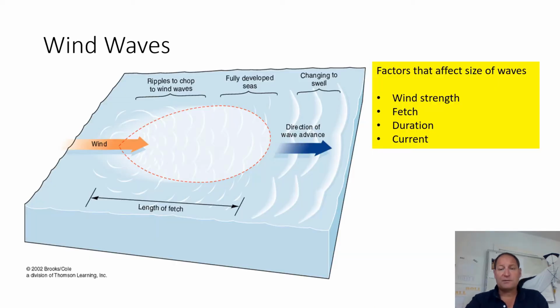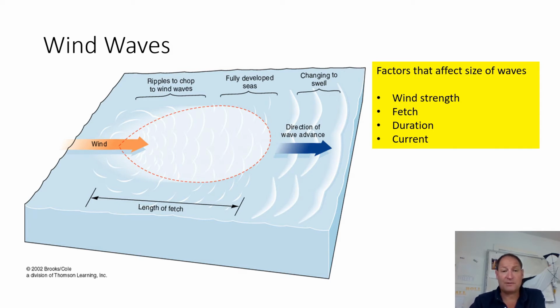So wind waves, these are the main ones we're going to be looking at. The wind blows over the water, which is over here on the left. As the wind starts to blow over, it produces ripples. Those ripples become chop, wind-driven waves, and they get bigger and bigger as the wind pulls more and more energy into the wave.